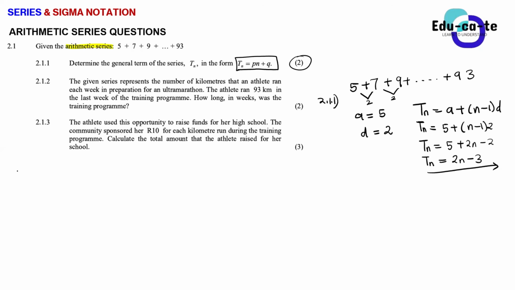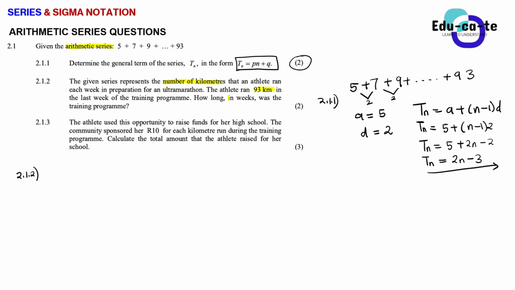Now 2.1.2 says, this is English, it's no longer maths. The given series represents the number of kilometers that an athlete ran each week in preparation of an ultramarathon. The athlete ran 93 kilometers in the last week of the training program.